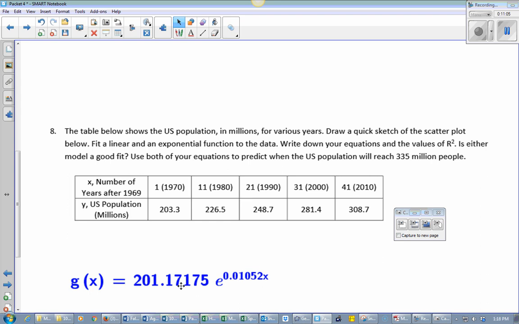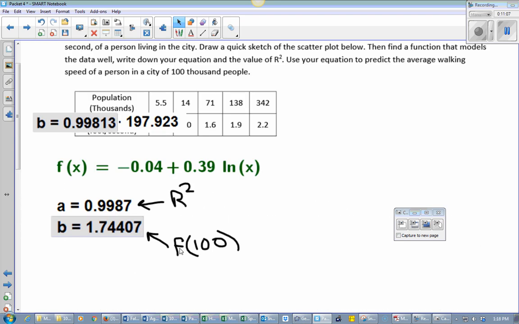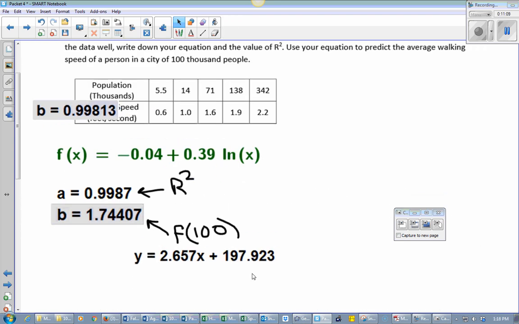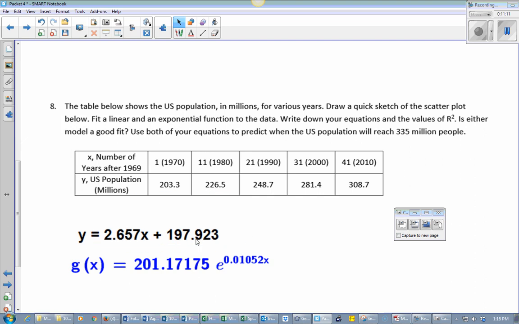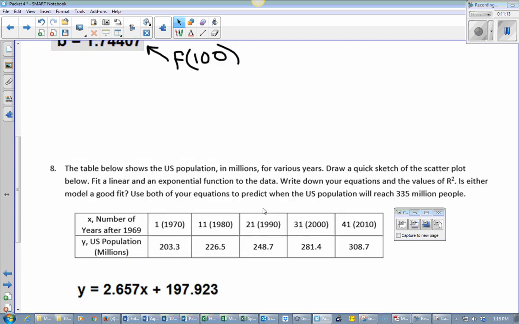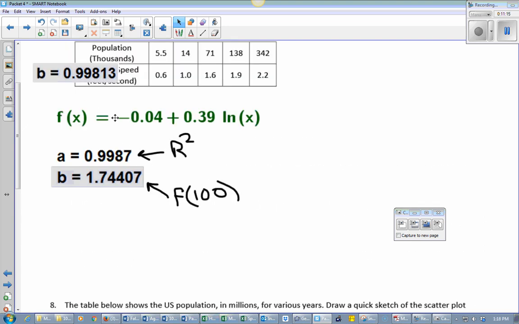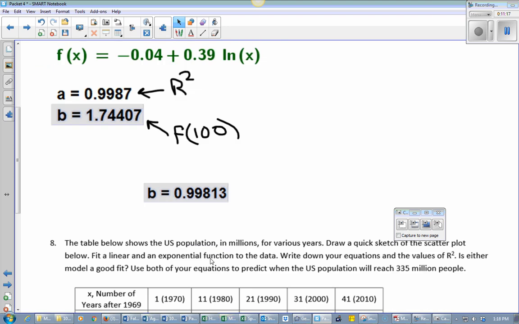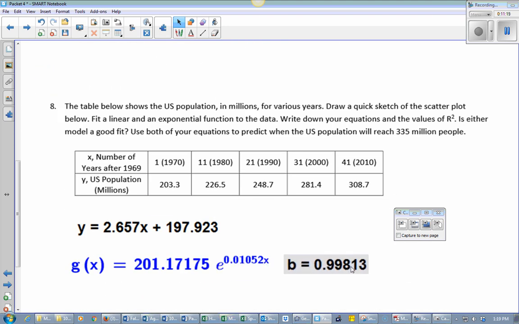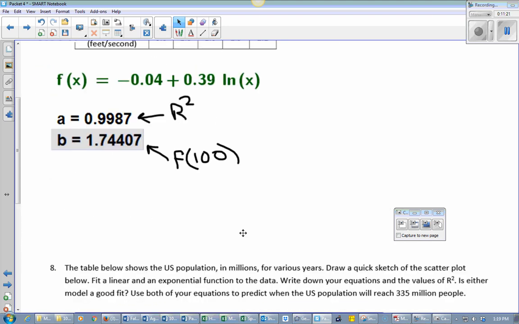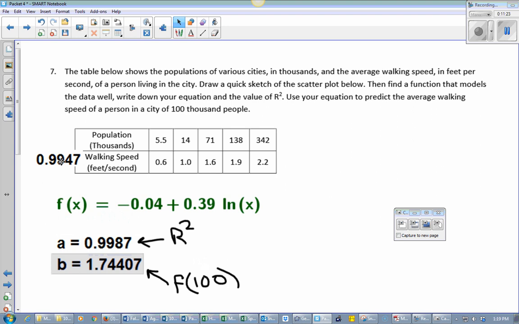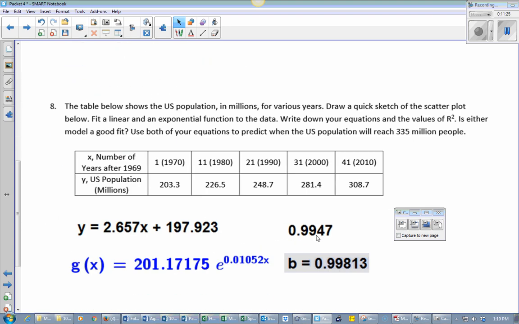All right, so there's my exponential model. Here's my linear model. This is my R squared for the exponential. And my R squared for the line. Just get these lined up here.